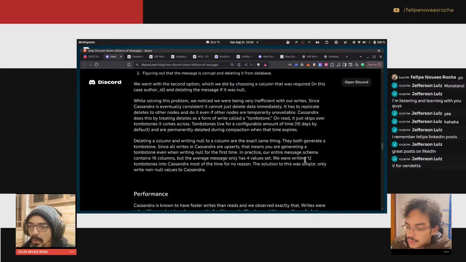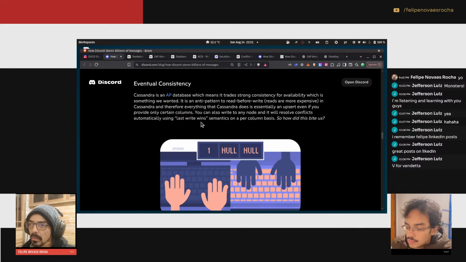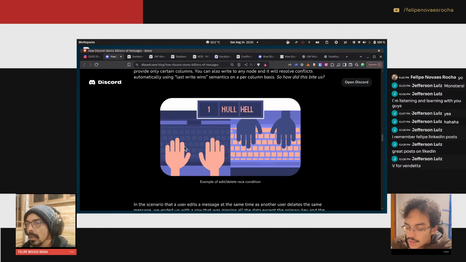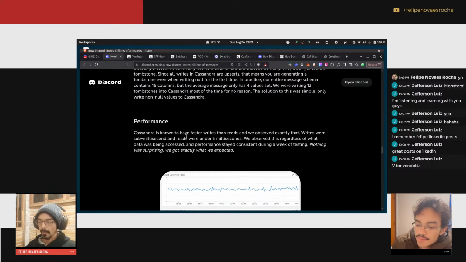We are writing 12 tombstones in Cassandra most of the time for no reason. Yeah, makes sense. The solution for this was simple. Only write non-null values to Cassandra. Then they're gonna have the problem they had before, no? Which one? This? Yeah. Less writing? Yeah, let's see. Let's see performance.